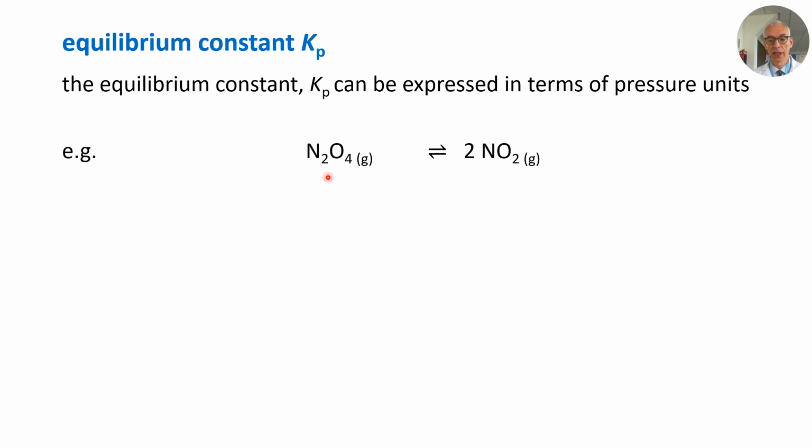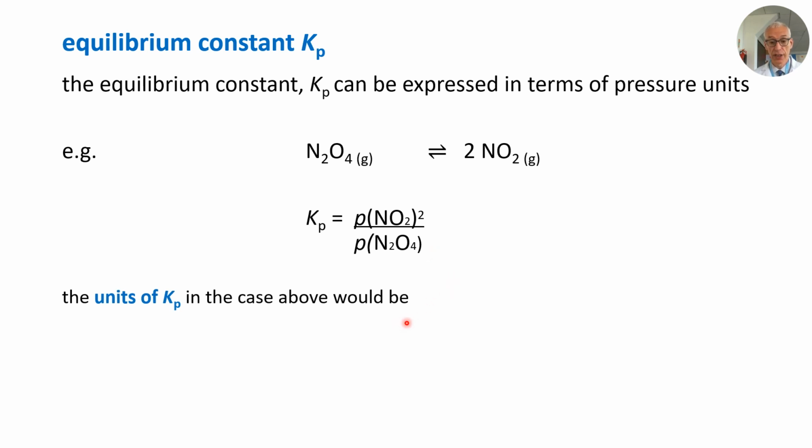So if we look at the decomposition of dinitrogen tetroxide into nitrogen dioxide, and we write an equilibrium constant expression, instead of Kc, we've got Kp, so the units are not concentration, but partial pressures. So we've got the partial pressure of nitrogen dioxide squared, divided by the partial pressure of dinitrogen tetroxide.